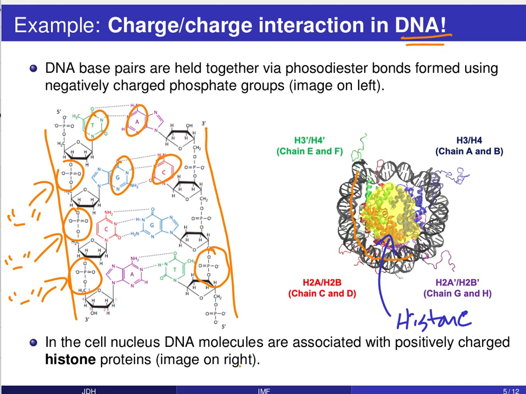And these histone proteins basically have a bunch of positive charges around their outside, and those positive charges interact with the negative charges that we just saw on the DNA, by virtue of these strong charge-charge interactions, and it basically serves to hold that DNA on there, wrap up that DNA nice and tight in these loops. And these looped up DNA structures around histone proteins are actually the major form in which you find DNA inside of the cell.